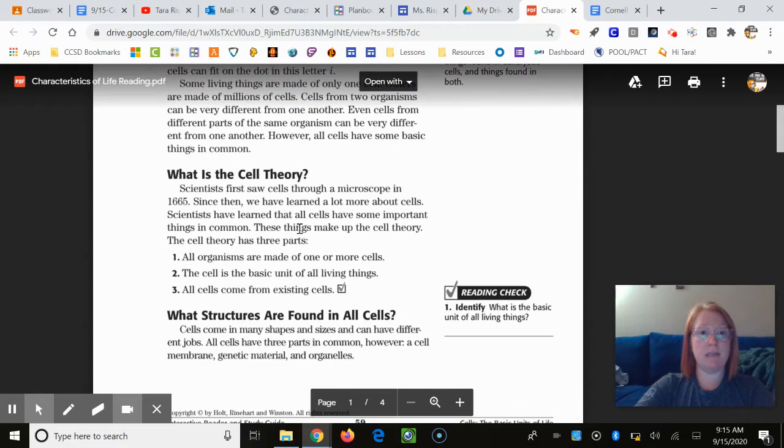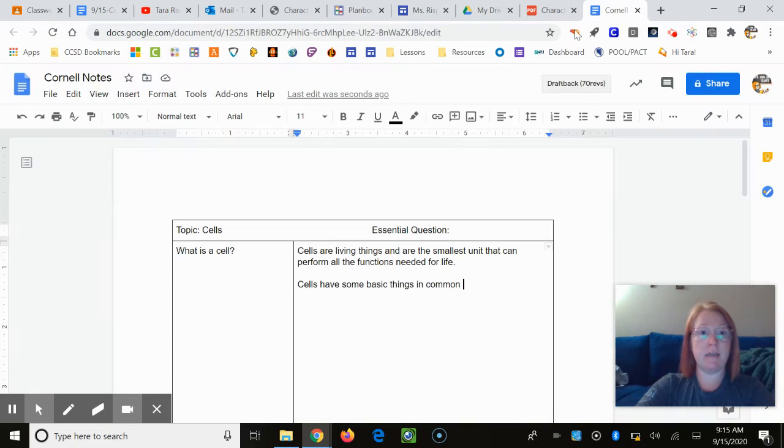So my next topic is, what is the cell theory? So maybe I want to put on the side here, you're going to want to scoot down because you want to make sure that it is in line with your next section. So maybe write cell theory. And then over here, I would explain what I learned about cell theory.